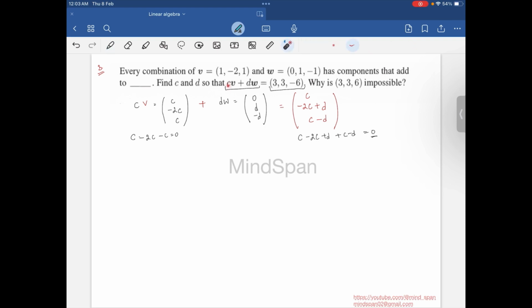So what value of c and d is going to give you this vector? We can look at this as usual. We have c times v, which is 1, minus 2, 1, plus d times w, which is 0, 1, minus 1, and this particular combination should give you 3, 3, 6.